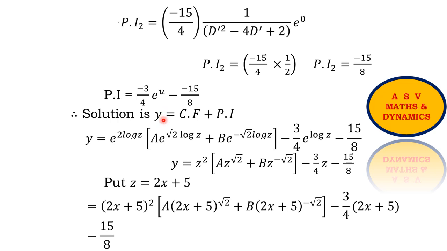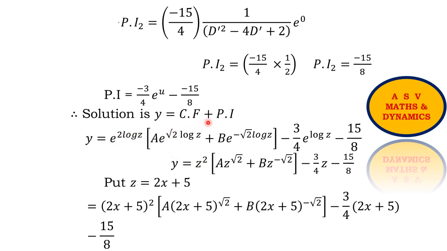What is the solution? Y equals CF plus PI. CF we know from the previous case: e power 2u, where u means log z. So you apply log z instead of u. Then e power 2 log z, the 2 goes to the top, and e and log cancel, so we get z squared.